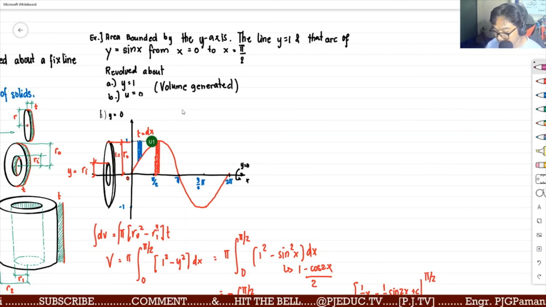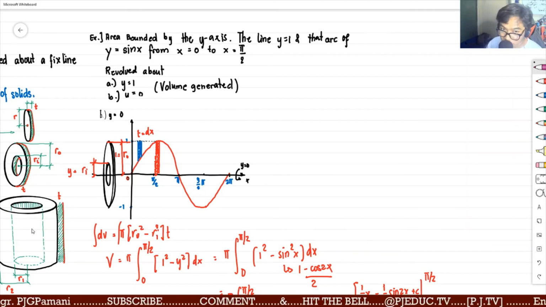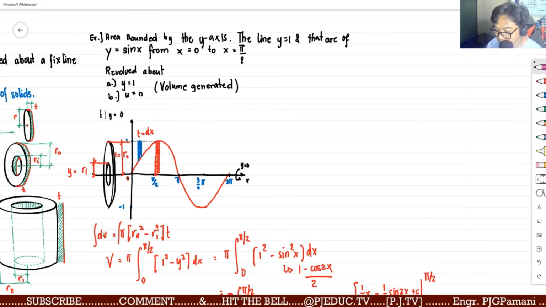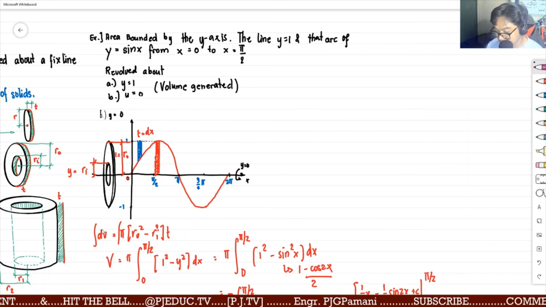Okay? Kasi yung buong arc na yung inyong i-consider. So with this, you can directly apply this method and cylinder method. Either way, dapat parehas yung volume na lalabas.